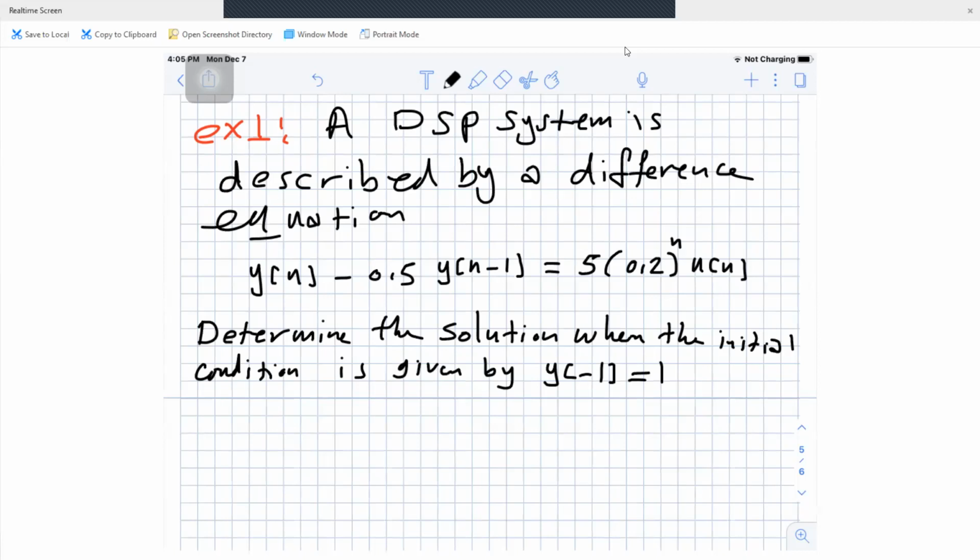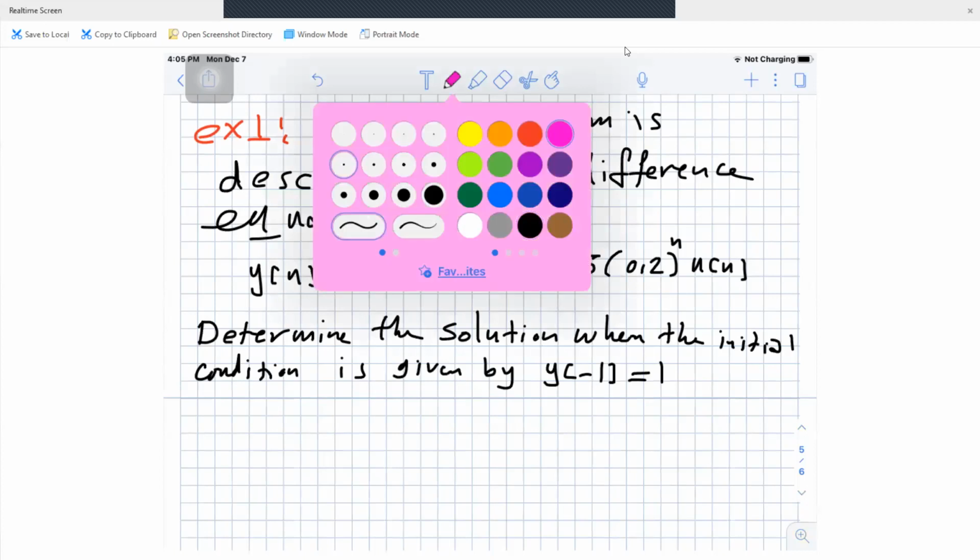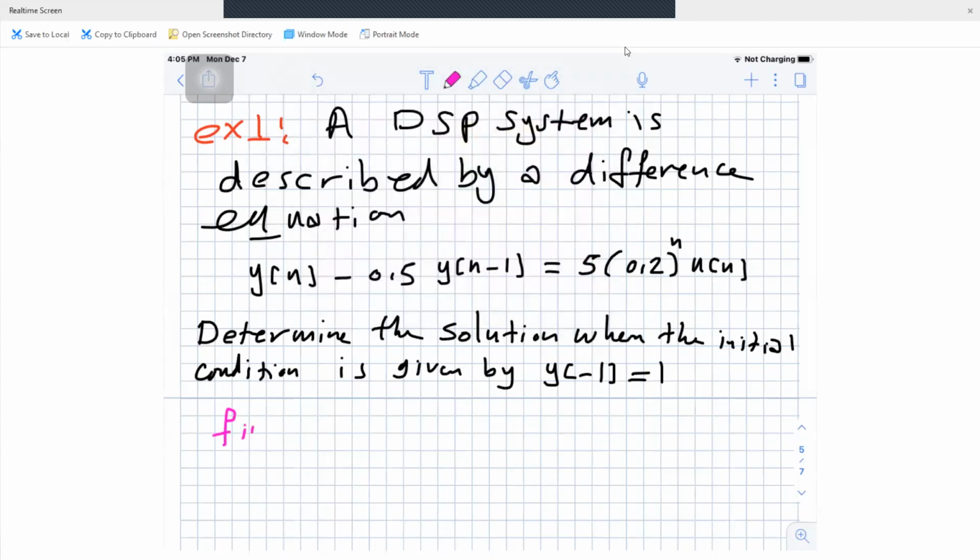This kind of system will be a first order system. Why? We are talking only about y of n minus 1.